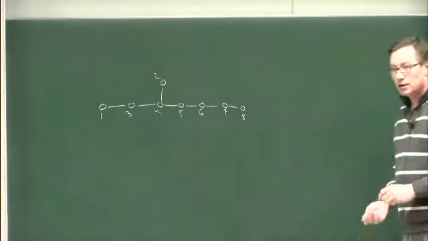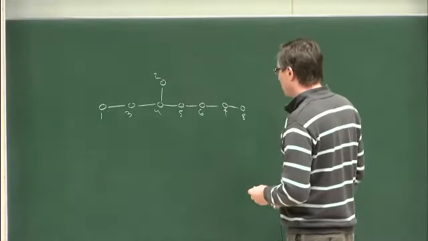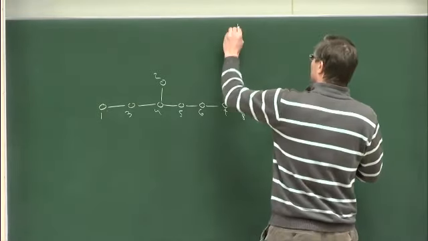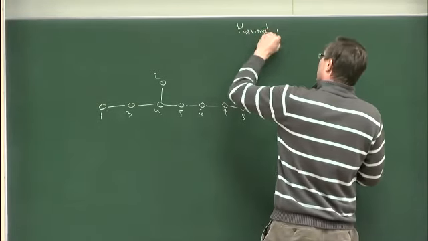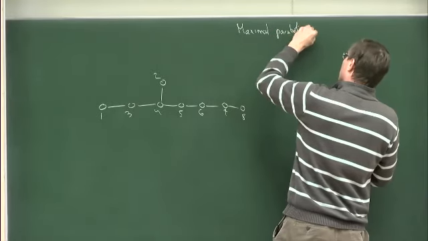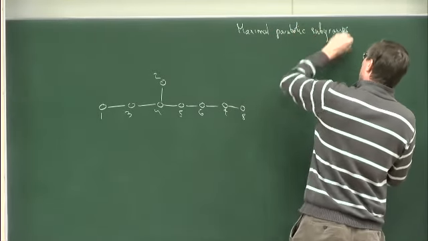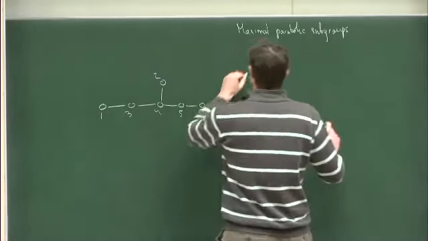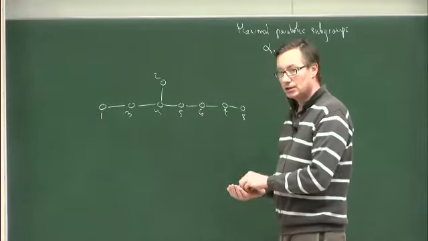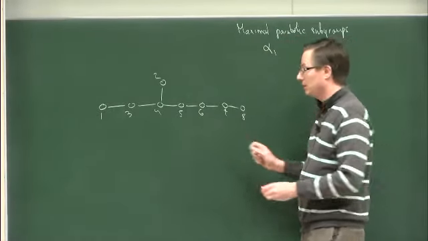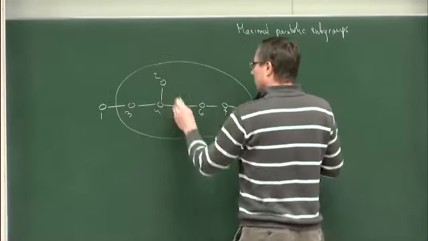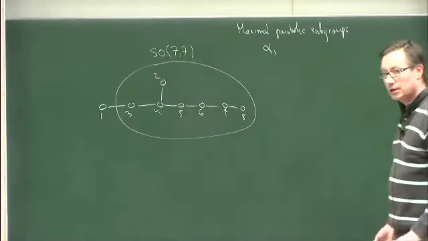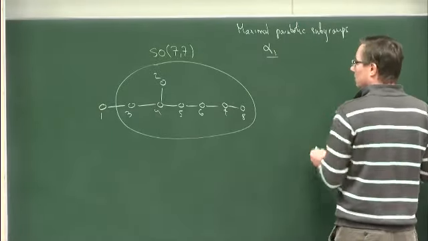So when I have E8, I can look at 3 different maximal parabolic subgroups that I obtain by removing the first node of the Dynkin diagram of E8. Then I see SO(7,7) symmetry.